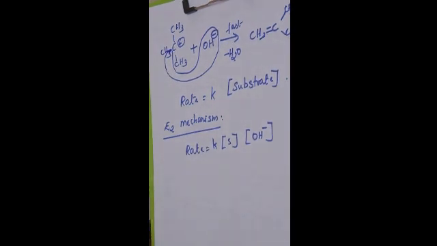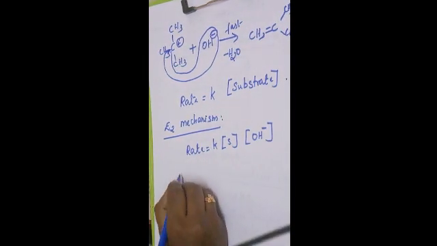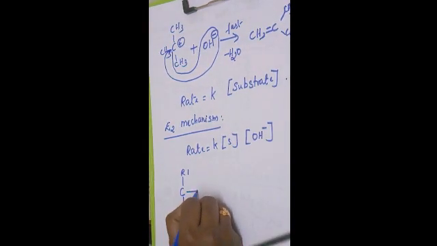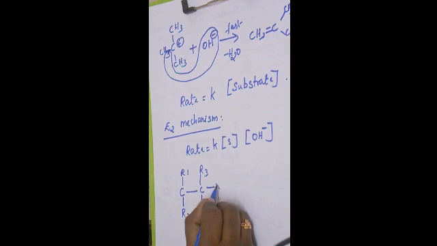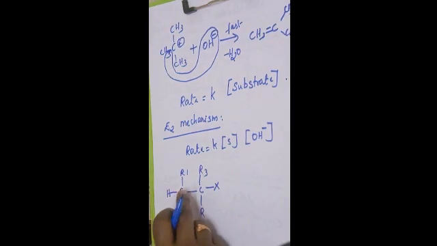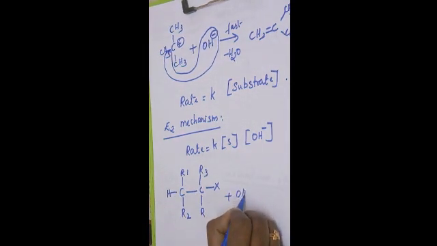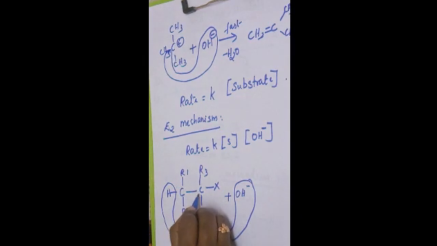See the mechanism of the E2 reaction. Here we have R1, R2, R3, R4, the leaving group, and one hydrogen. The base, OH minus, attacks the beta carbon from the backward direction. This is the alpha carbon, this is the beta carbon.